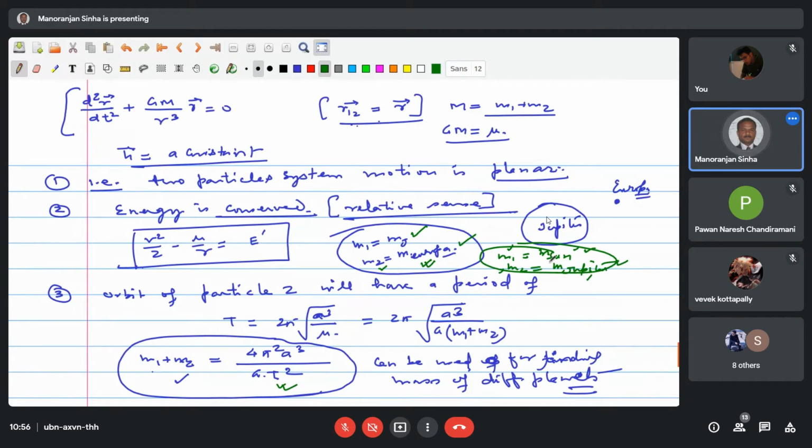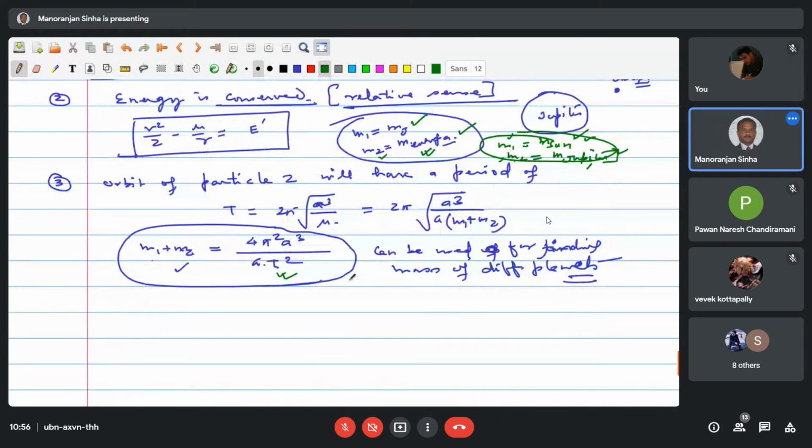Or otherwise, as we know that the mass of Jupiter is much smaller compared to the mass of the Sun, M2 can be ignored as compared to M1. I show it on the next page.